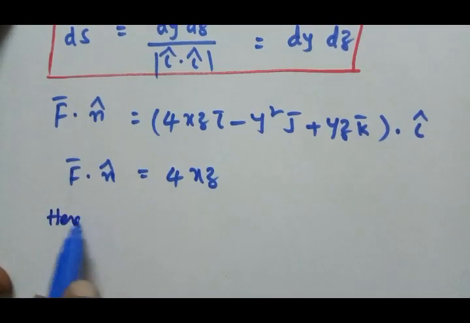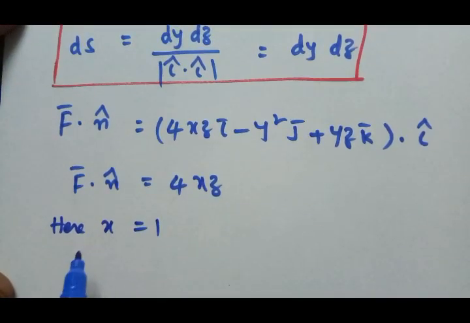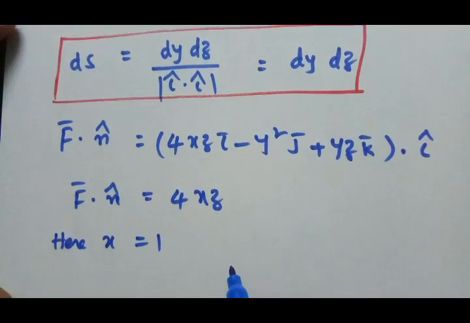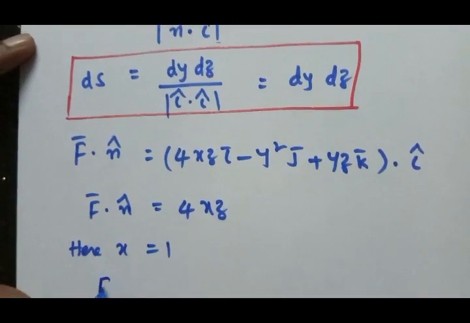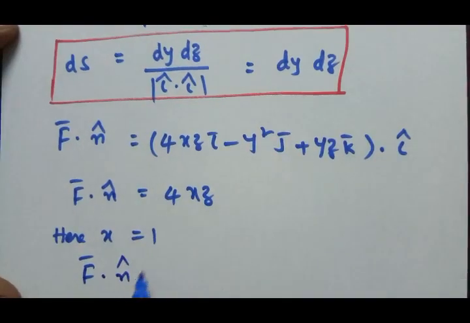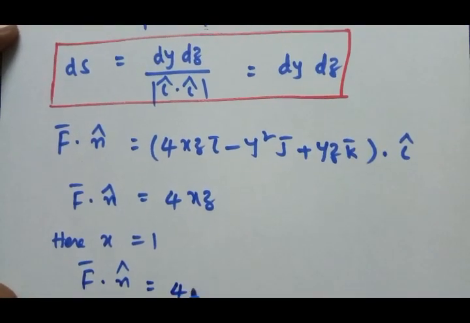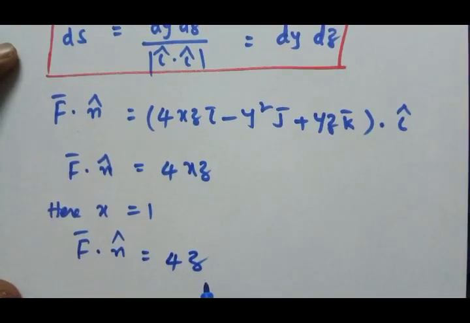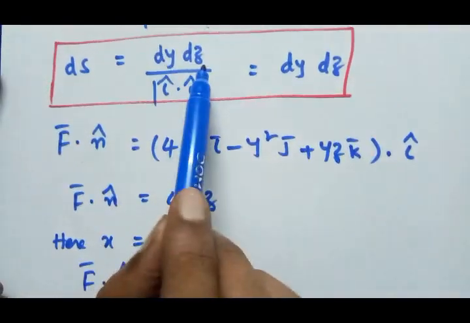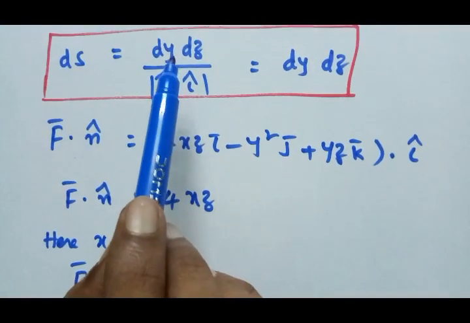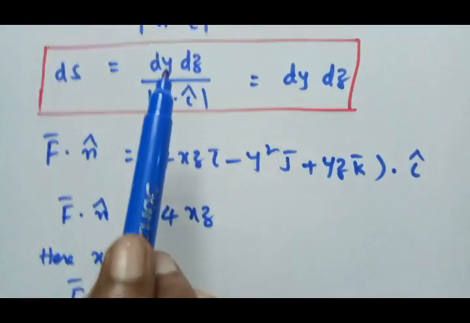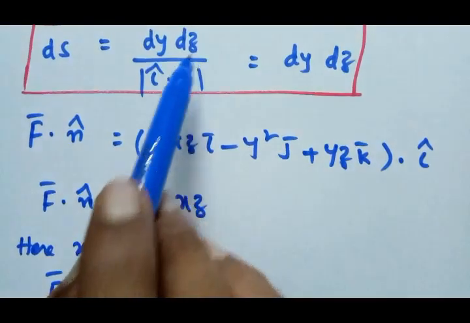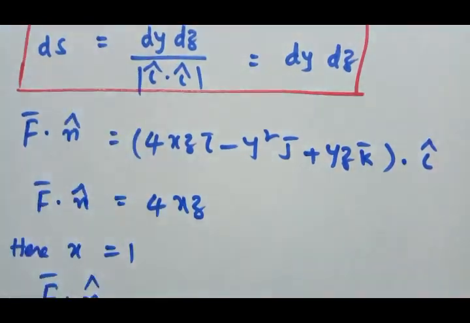Since the face PQRS lies at x is equal to 1, therefore f bar dot n cap is equal to 4 into z, and now the limits of y and z. So in this problem, x varies from 0 to 1, y varies from 0 to 1, z varies from 0 to 1, as given.